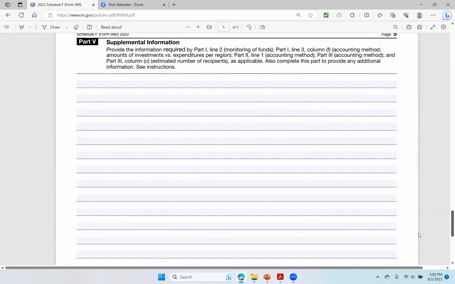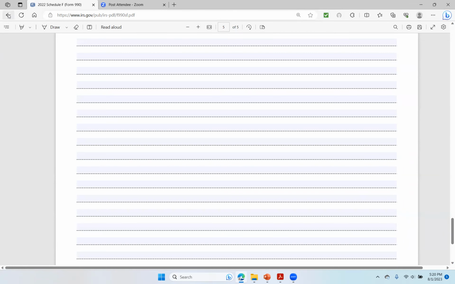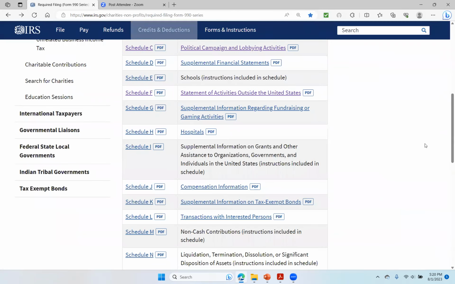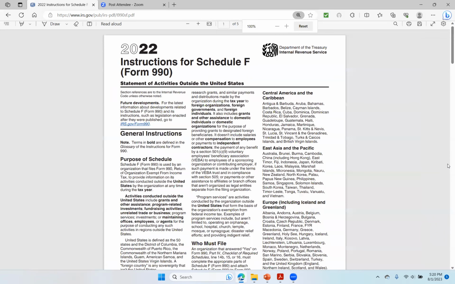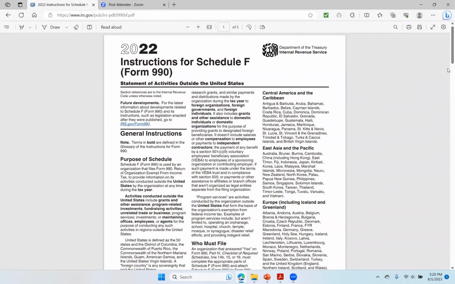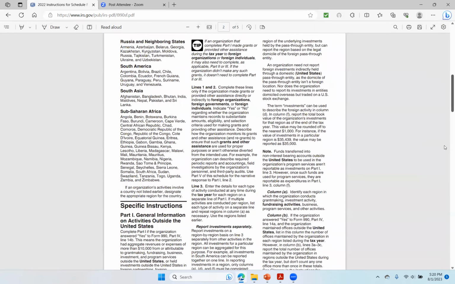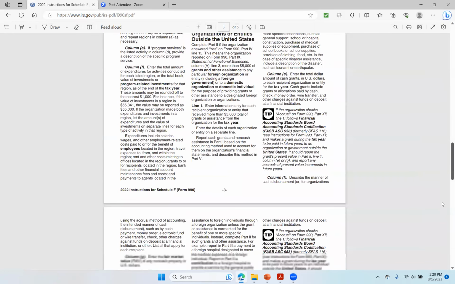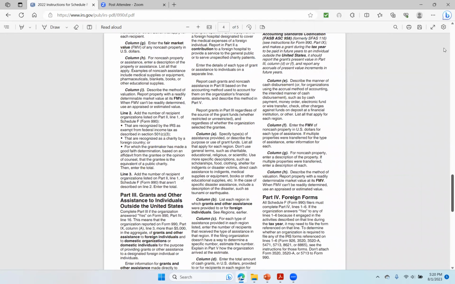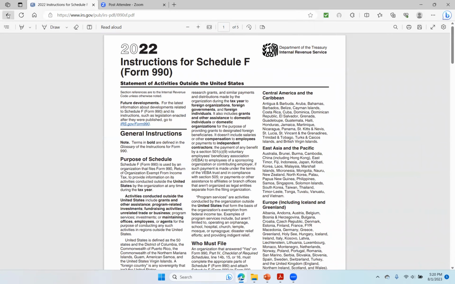Now go back, and if you don't know how to complete a Schedule F, then you just simply click on the instructions. And here they are. Same layout. You just have to find where to start getting the information that you need.